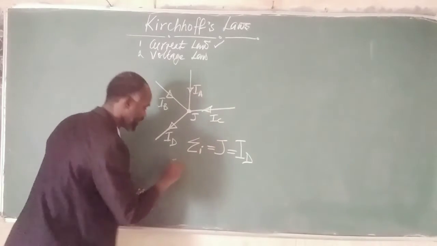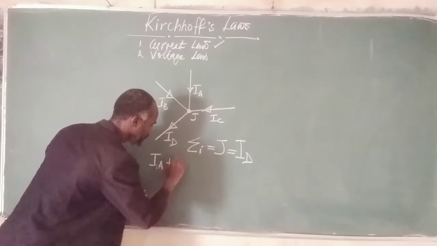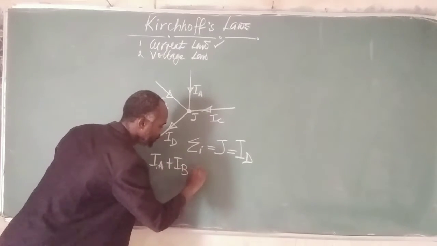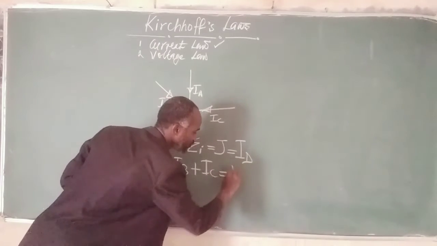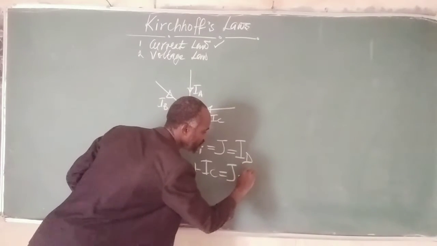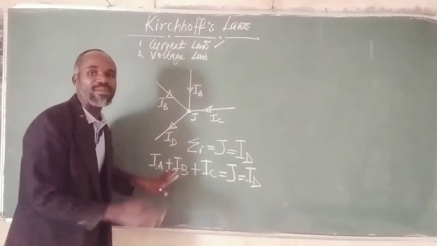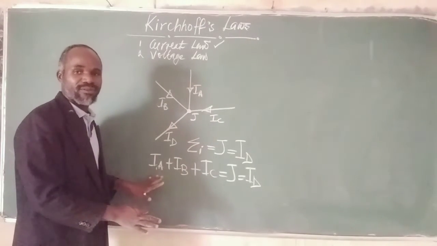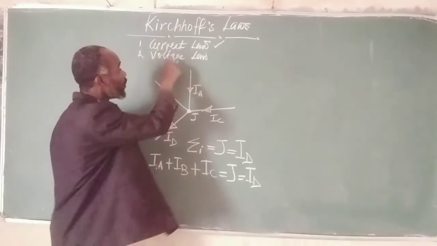And if we do that, it simply means that IA plus IB plus IC all equal J, and this J is also equal to ID. This is the simple illustration of Kirchhoff's current law.